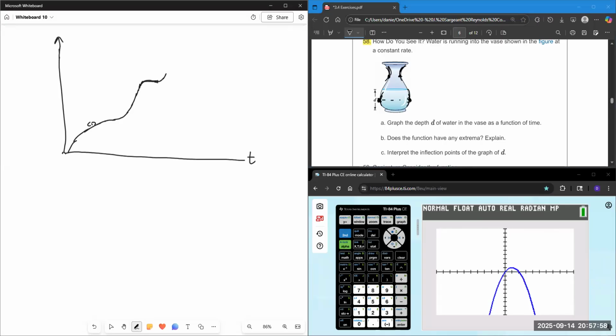So this is concave down, then concave up, and then we start to have another concave down piece here.